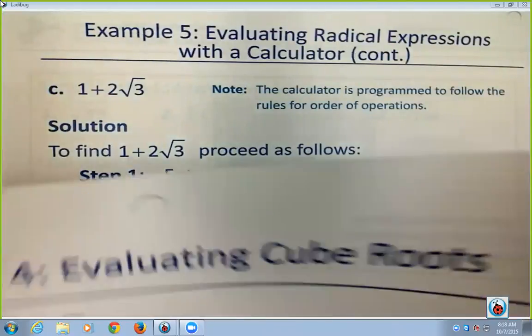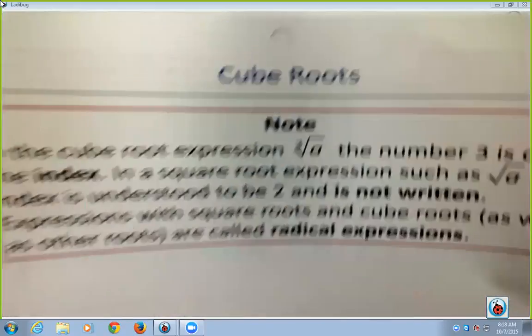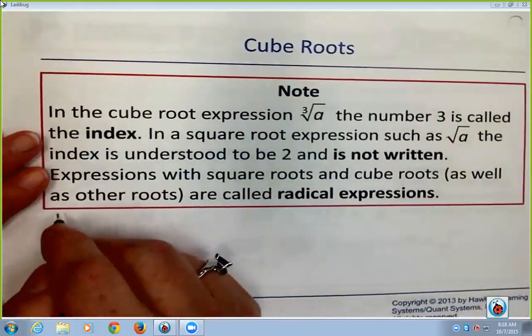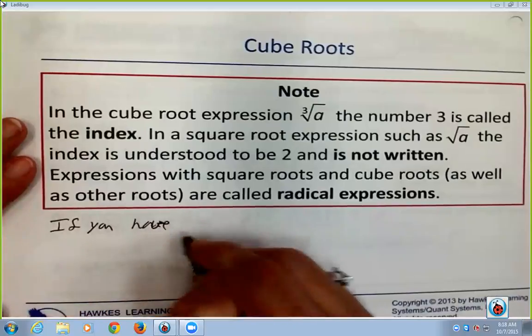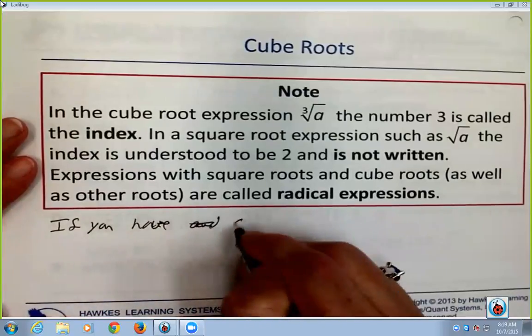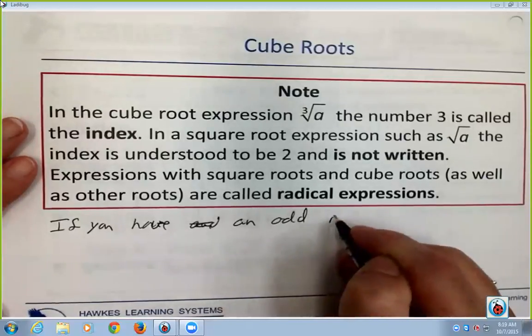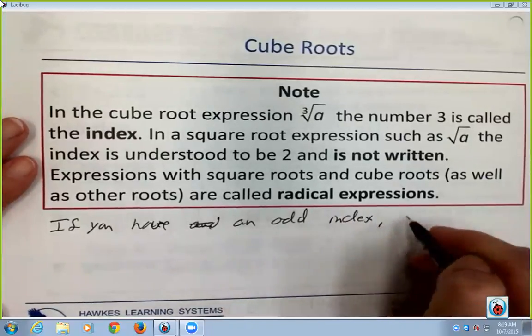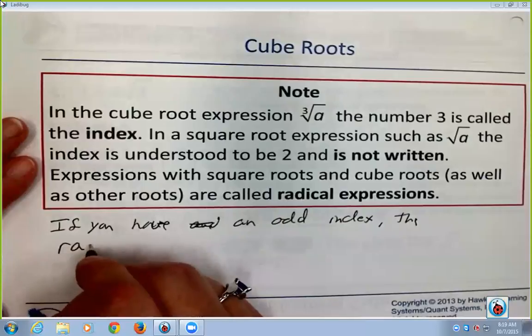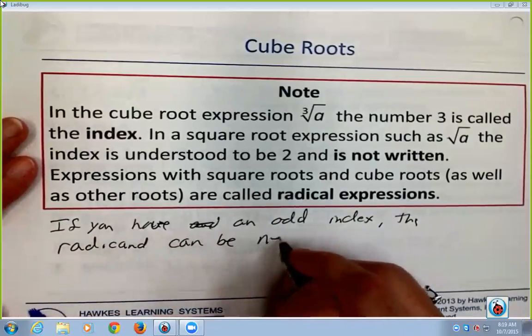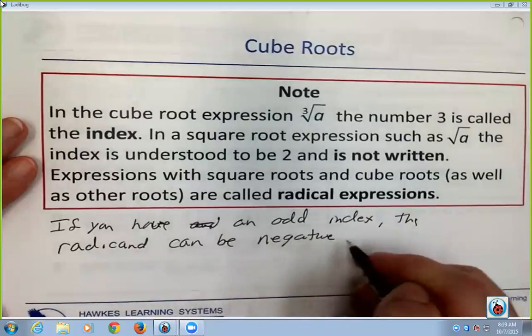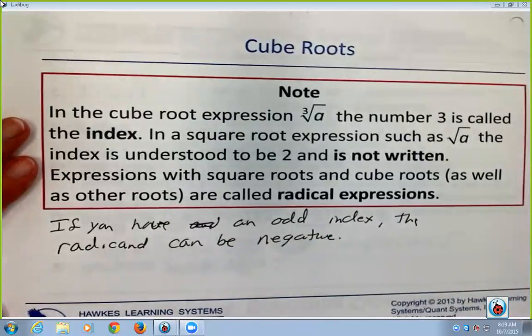So the other thing about cube roots, and I guess I should write that on here, is that if you have an odd index, the radicand can be negative. Okay, so it can be negative.